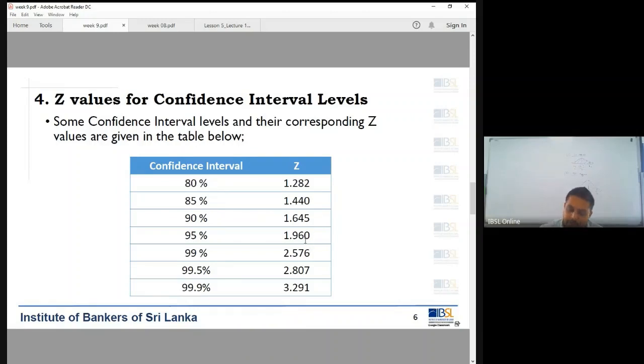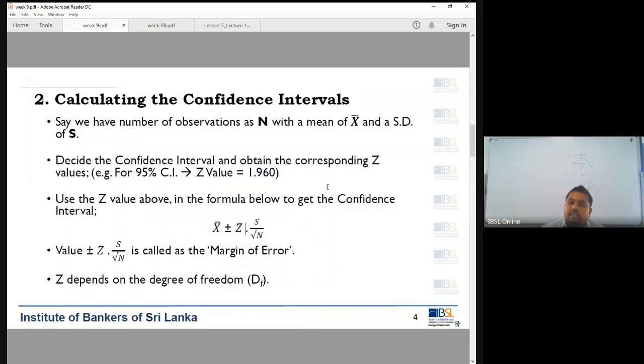In that case, you don't have to even go to the tables, rather take the value directly and apply it for your calculation, where x bar plus or minus Z into standard deviation divided by the root of the number of events. So these values, one could use the table, or you will see this in the sum itself.